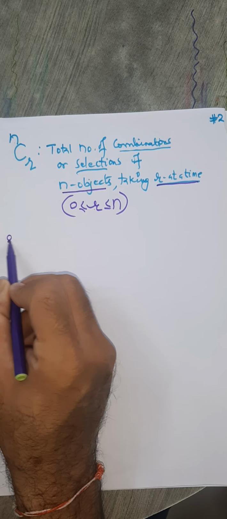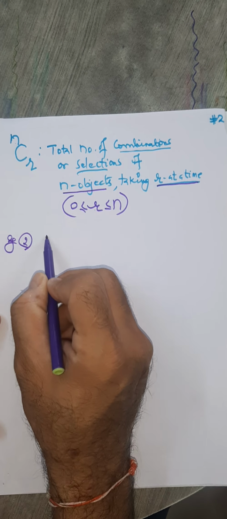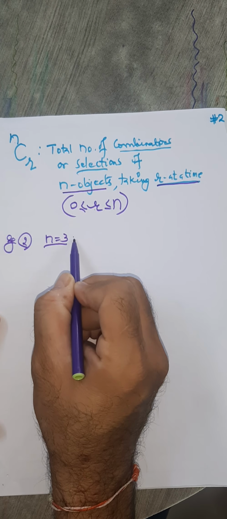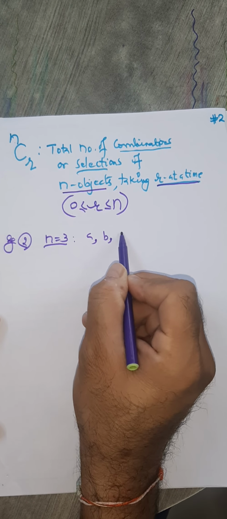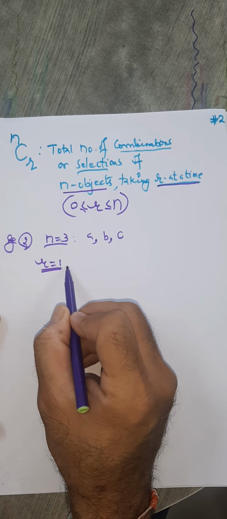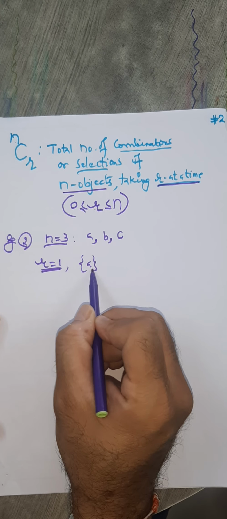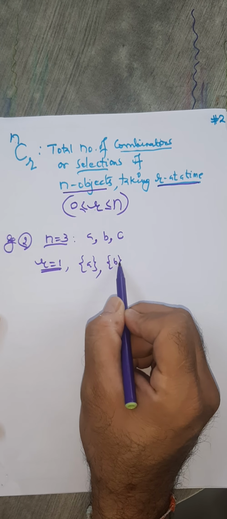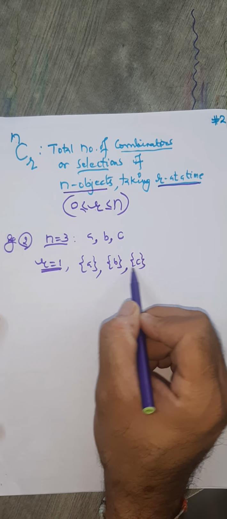One more example. Suppose I take again n equals 3 objects, A, B, C, and r equals 1. That means I'm taking one at a time. So either you can have A, or B, or C. You are selecting one.